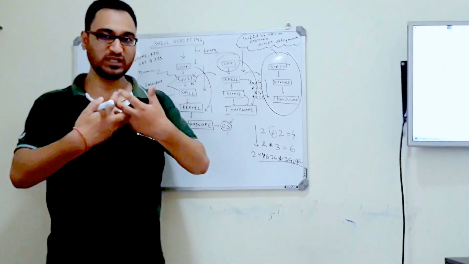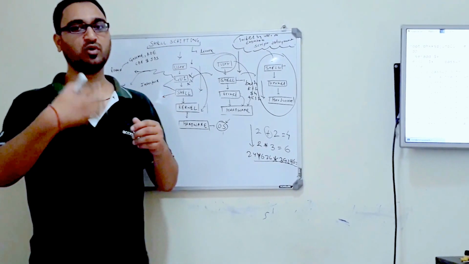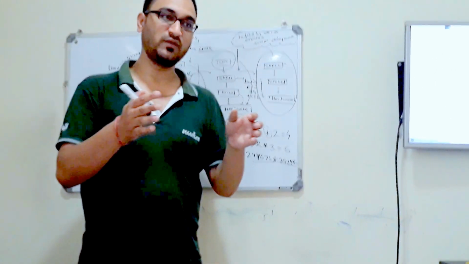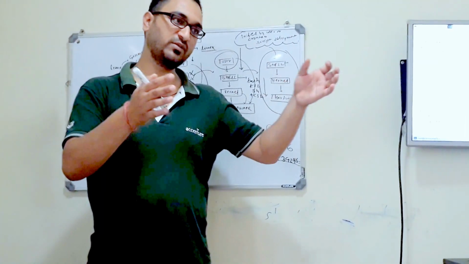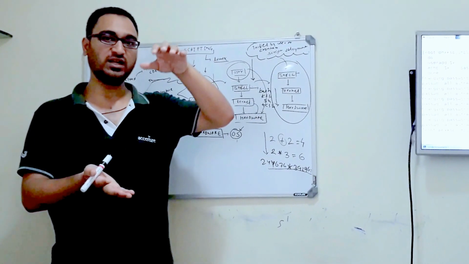Then we'll mix both, nested if else and looping, so that more options and examples will come. Then later we'll go for functions, and in functions we'll use all the things like if else, nested if else, loops, and we'll create functions.